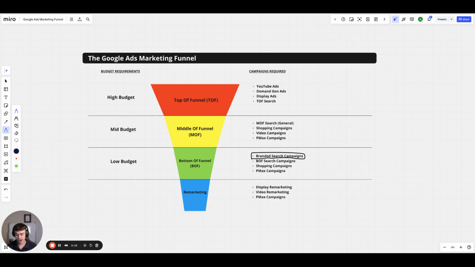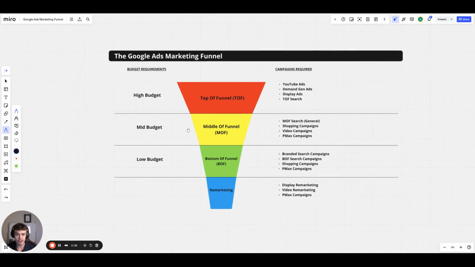So what I'm going to show you guys is the structure you need and what kind of campaigns you need to achieve that structure within Google Ads to capture all of the potential traffic in your industry. So let's start at the bottom of the funnel because this is the place where I see most accounts targeting. And let's just make sure that we get it right before moving on to any of the other more complex stages of the funnel.